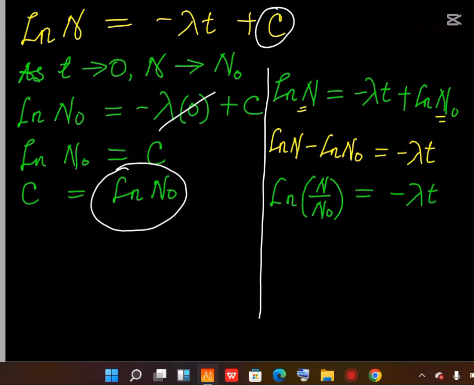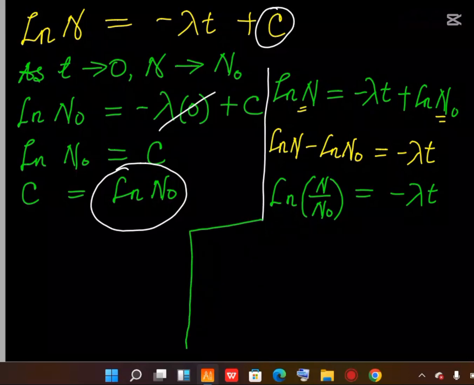For us to get rid of this ln, what we can do is introduce e on both sides. Let's make it clearer.